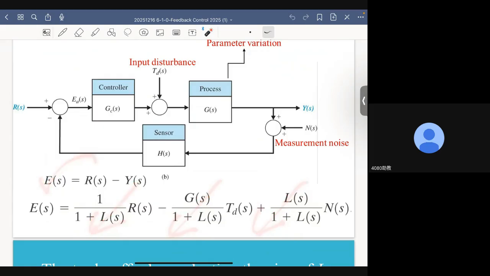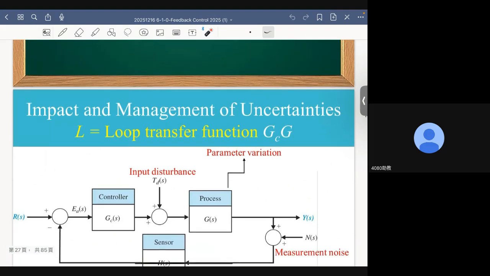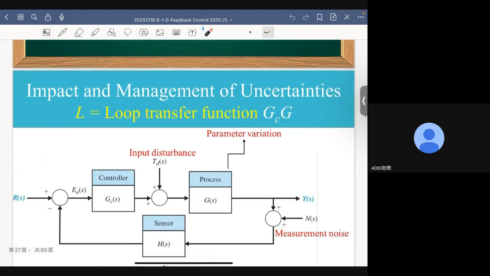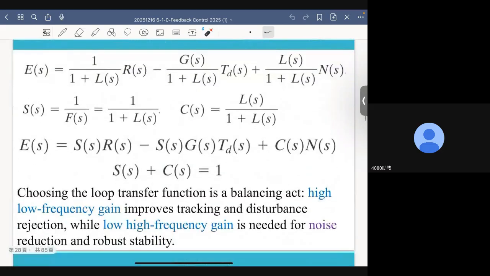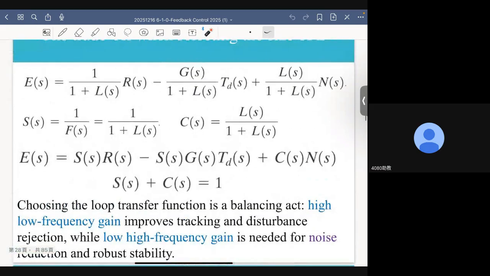All right? So one simple way to reduce the steady state error or to reduce the output error is simply to increase L, that is, increase the gain of the loop transfer function. Okay, but it is actually not that easy.